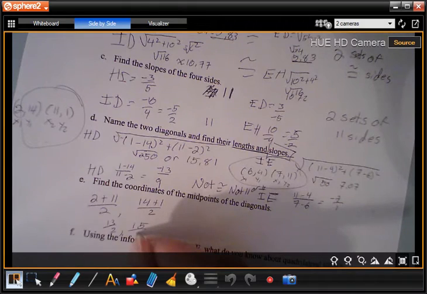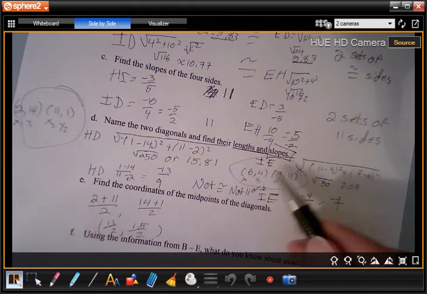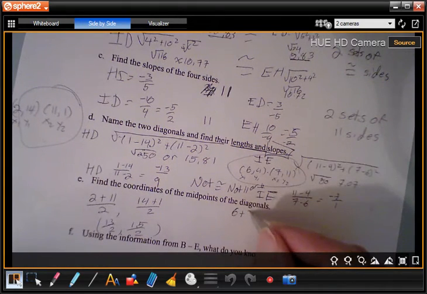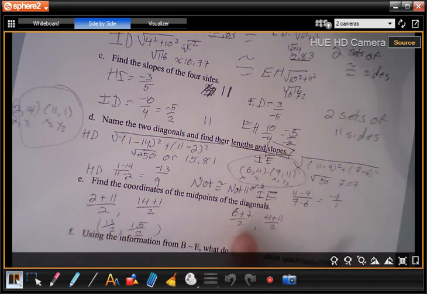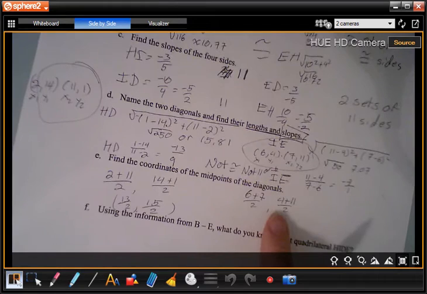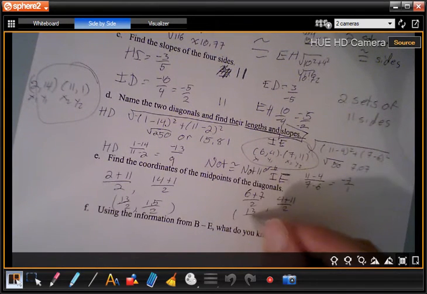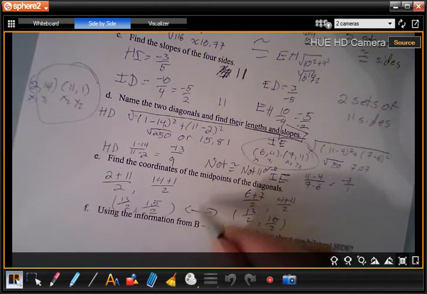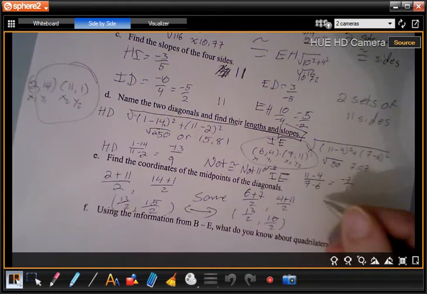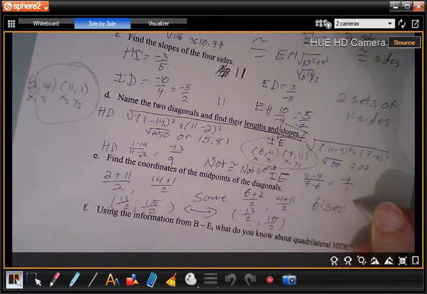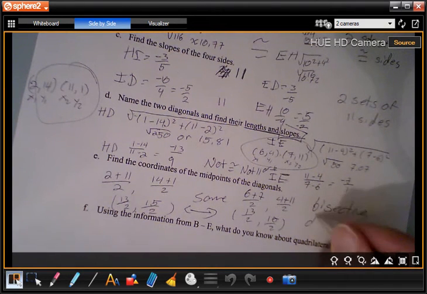You can change them to decimals if you want. And then we're going to use these. We're going to go 6 plus 7 divided by 2, and 4 plus 11 divided by 2. Remember, with midpoint, you put the little comma in between. You're not adding them together. And we get 13 over 2 and 15 over 2. These are the same. Therefore, they bisect. We have bisecting diagonals. Diagonals that cut each other in half.